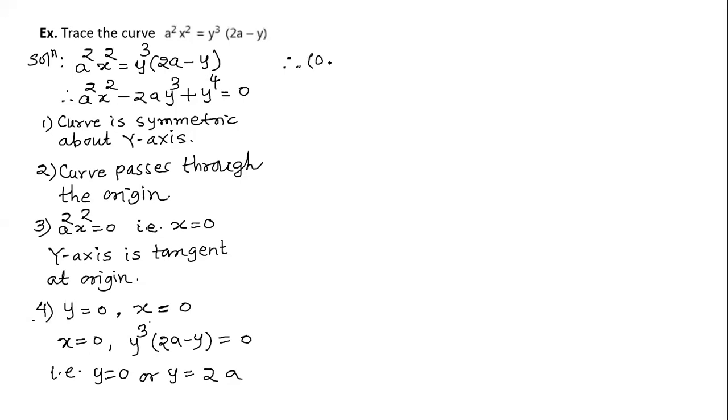First thing, x equal to 0 and y equal to 0, and x equal to 0 and y equal to 2a lie on the curve. These are part of the curve. Already we know 0, 0 and we have one more here: x equal to 0 and y equal to 2a.